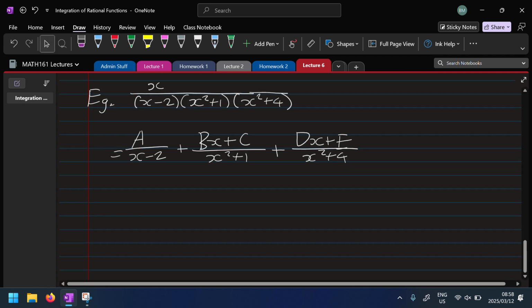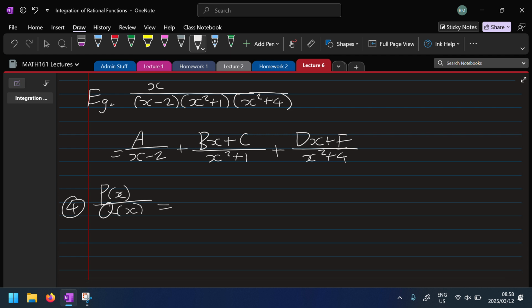Okay, and then lastly, case 4. We have some polynomial p of x over q of x. This is going to be equal to p of x. Again, the numerator can be anything. We're not too worried about that for now. Divided by, now, in the previous case we had a single quadratic. For case 4, we're looking at quadratics that are repeated.